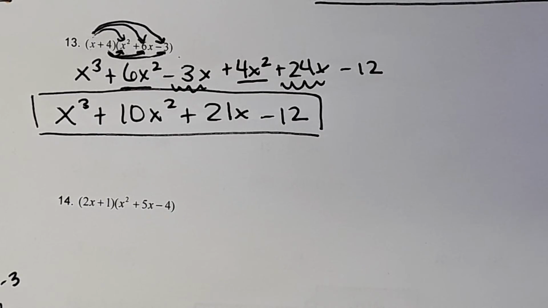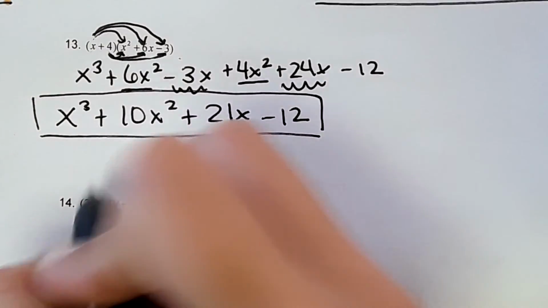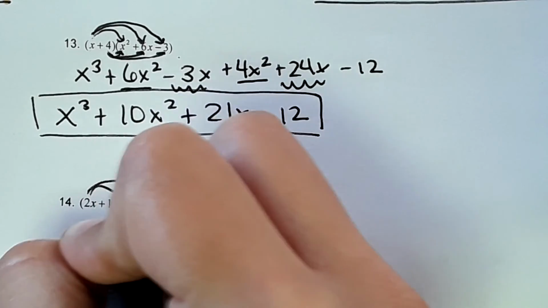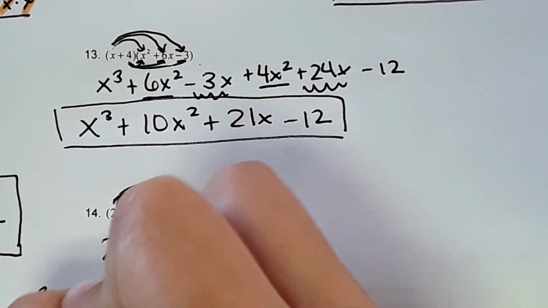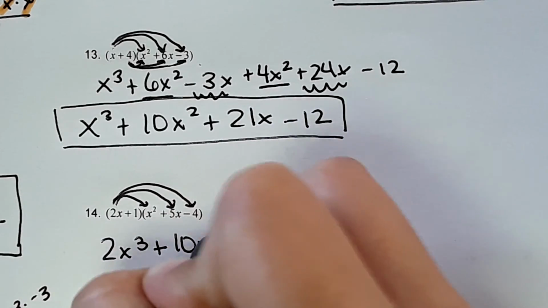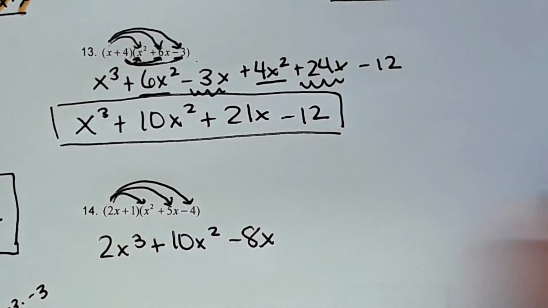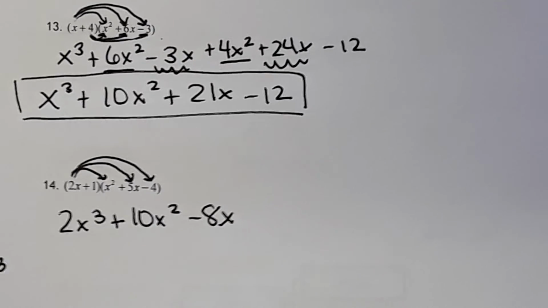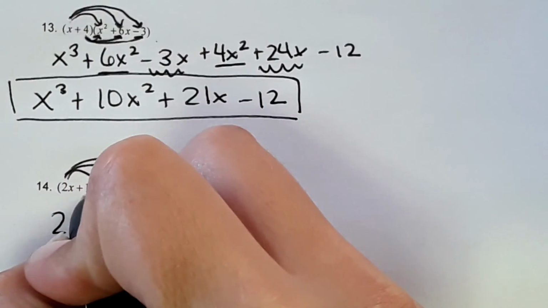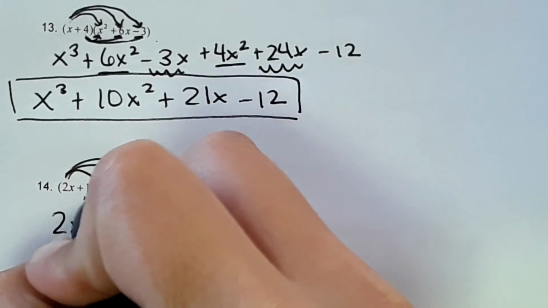Then for 14, we repeat the same process, multiplying this first term by these 3 terms. And then multiplying the second term by those 3 terms.